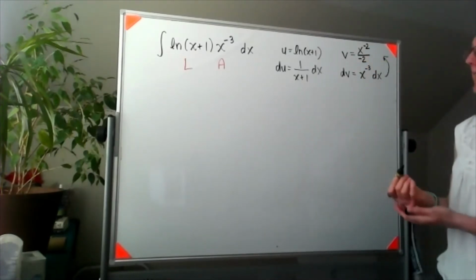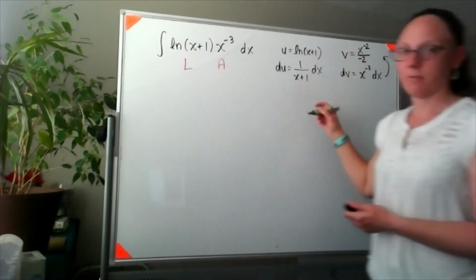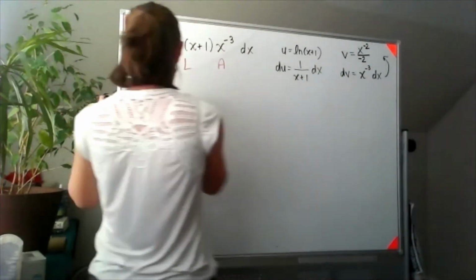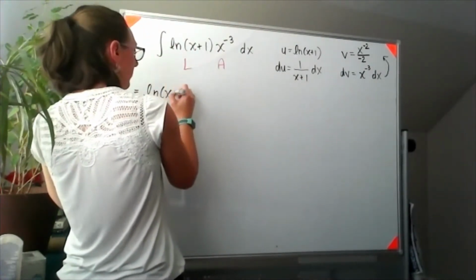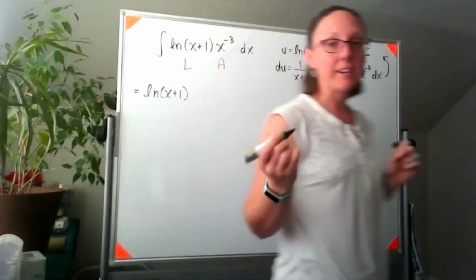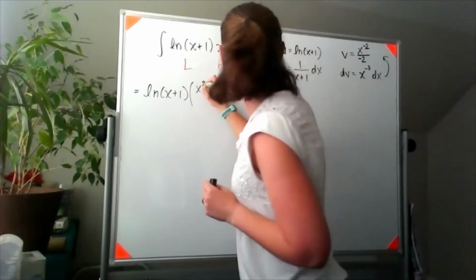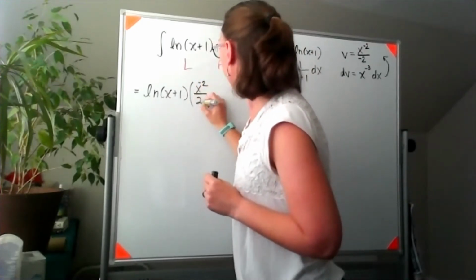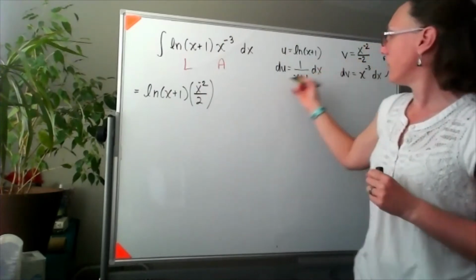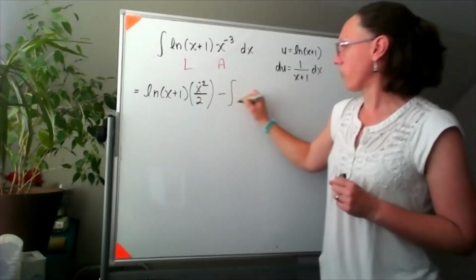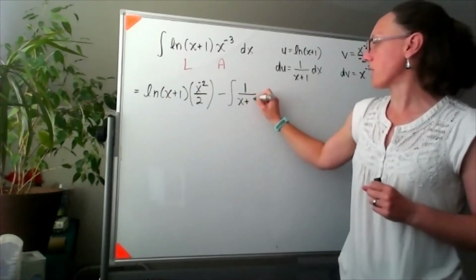Now I'm going to put those together into my ultraviolet voodoo formula. Got ln of x plus 1 times x to the negative 2 over negative 2, minus the integral of 1 over x plus 1.